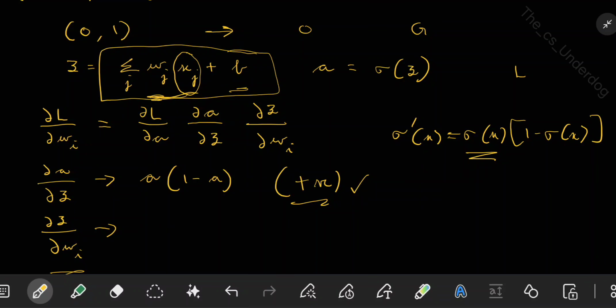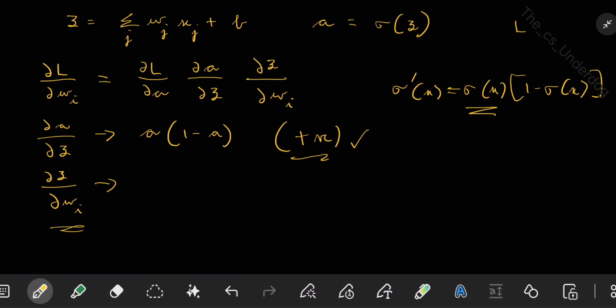Only the corresponding x term will remain, whichever xi corresponds to that particular wi, because all others will be cancelled out since you are taking the derivative with respect to one particular wi. So, only the input value xi remains.